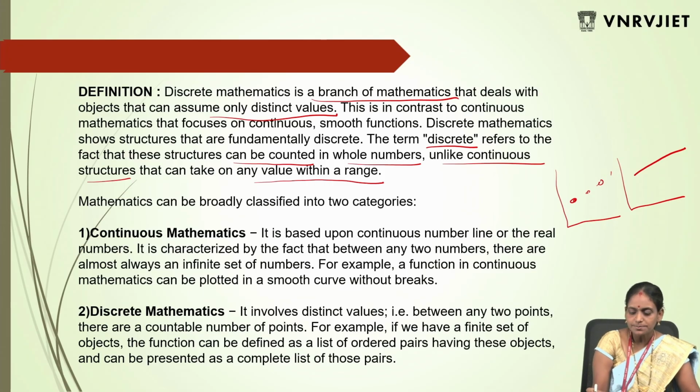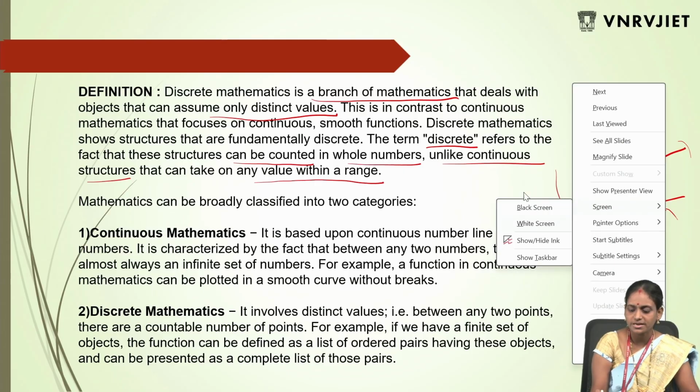Continuous. So simply by seeing this graph, how are we going to define it? Here we are going to count how many objects. Whereas in continuous mathematics, we are not going to count how many objects we have. So that is the major difference between discrete mathematics and continuous mathematics.